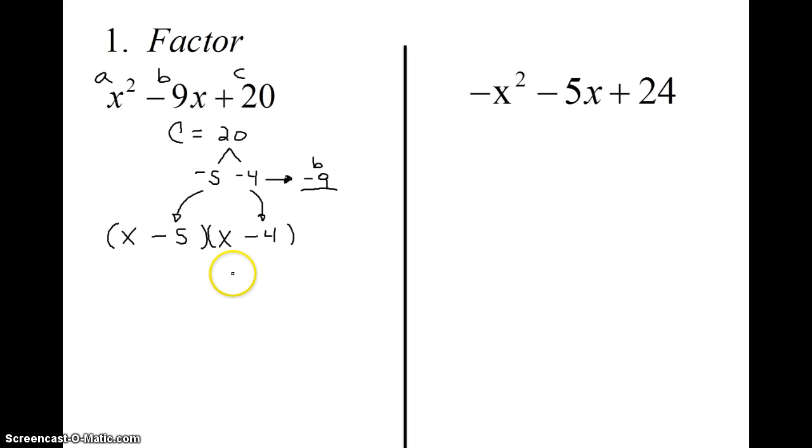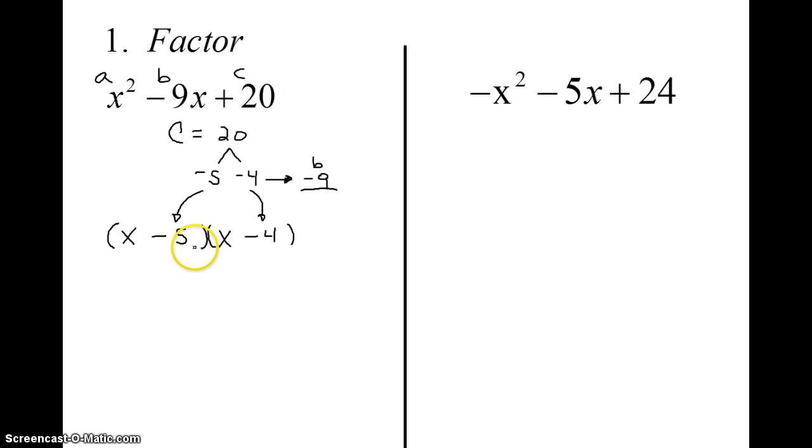If you use the FOIL method, you will get the middle number. I'm not going to do the whole FOIL method, but I'm just going to show you. When you multiply x times x, that's going to give us x squared. If you multiply negative 5 times negative 4, that's going to give us positive 20.